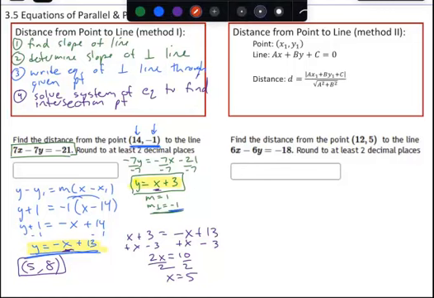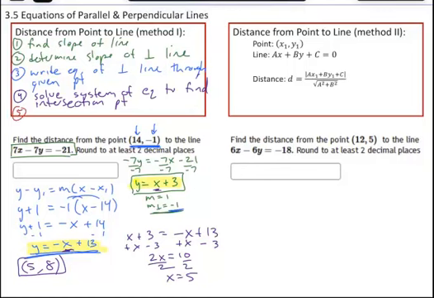Okay, and then the final step, because we were asked to find the distance between this given point and this intersection, is that you're going to find the distance between the given point and the intersection.